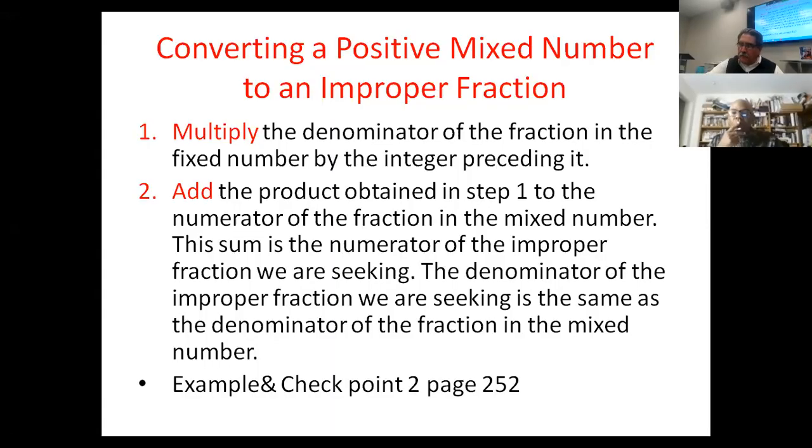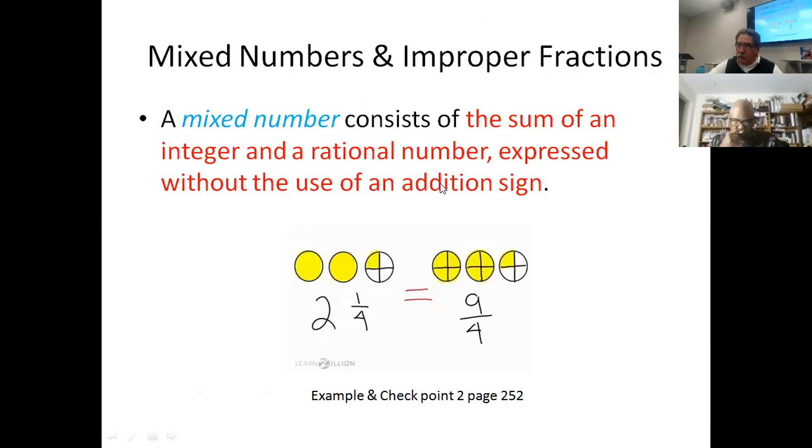Okay. For example, mixed numbers and improper fractions. A mixed number consists of the sum of an integer and a rational number expressed without the use of an addition sign.